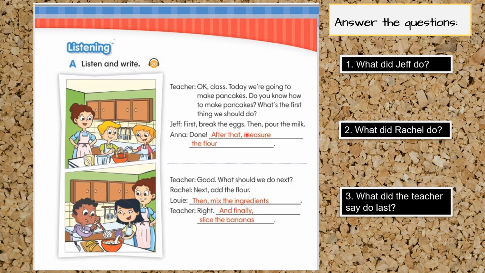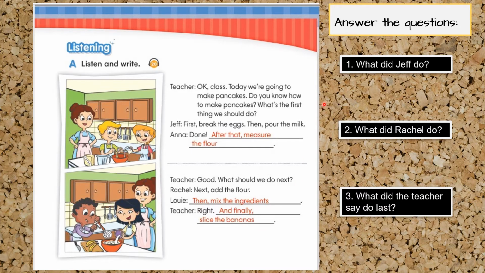Yes, the answer for the first one here is after that, measure the flour. And then next, this next picture. Good. What should we do next? Next, add the flour. Then mix the ingredients. Right, and finally, slice the bananas. So, the answer for number 2 here is then mix the ingredients. And the last one, and finally, slice the bananas.